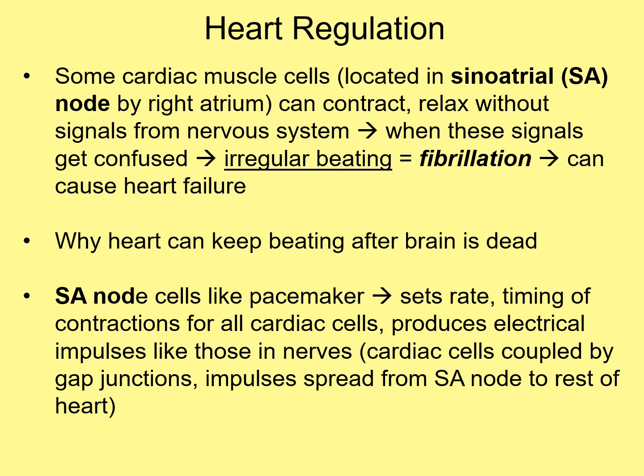And these are where you often have gap junctions between the cells, and that allows the electrical impulses from the SA node to spread to the rest of the heart, which again helps to synchronize the heartbeat, right? So that both atria contract together and then they relax, and both ventricles contract together and then they relax, and you keep going this way.